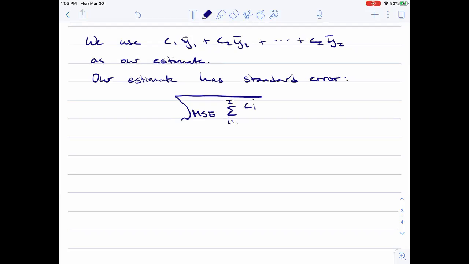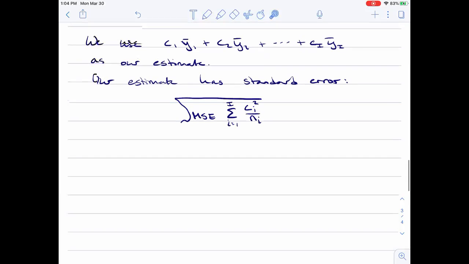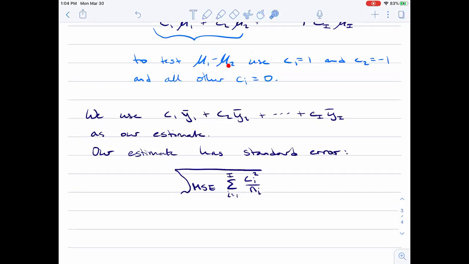If we go back to mu1 minus mu2, if that's what we're testing, our estimate is y1 bar minus y2 bar. C1 is 1, C2 is negative 1. So the sum from i equals 1 to 2 in this case would be 1 squared over n1 plus negative 1 squared over n2.